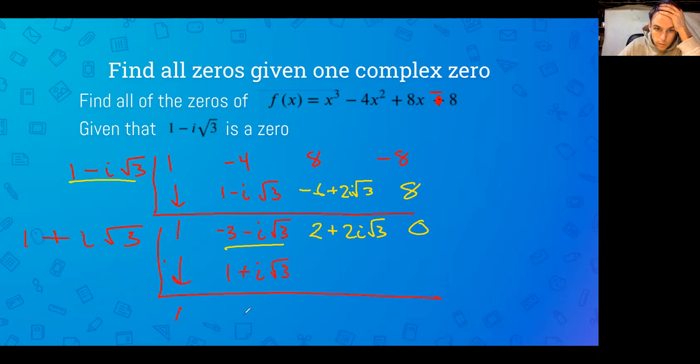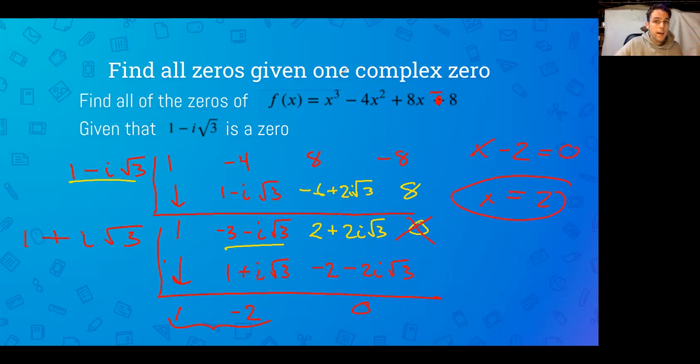Those will cancel. We'll end up with negative 2. Okay, negative 2 times this. That's actually also pretty easy. That's negative 2 minus 2i root 3. And that's a 0. Sweet. So there we go. Got rid of that. And here we go. We have our other root, which is x minus 2. Sweet. So that means that x equals 2 is our third root.